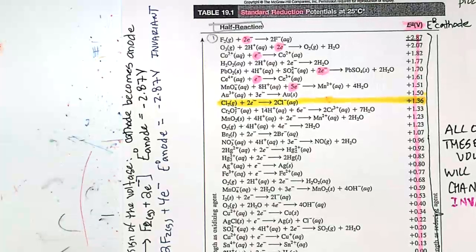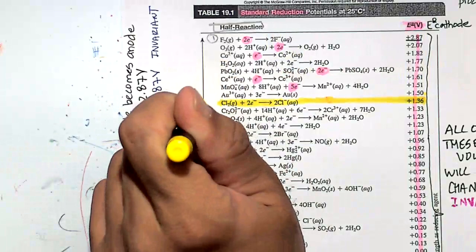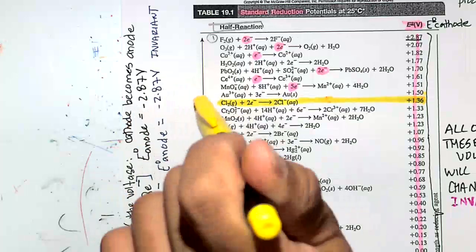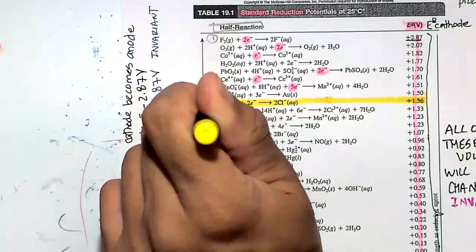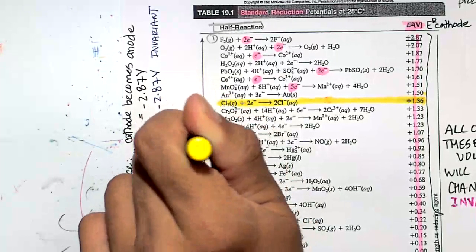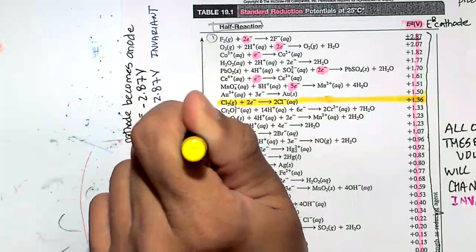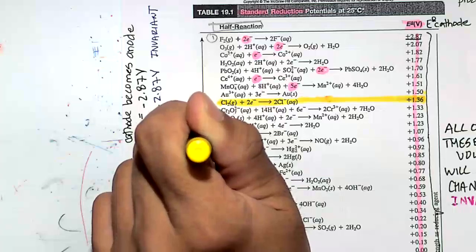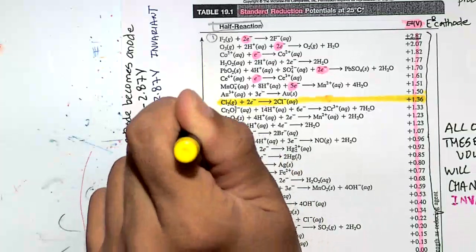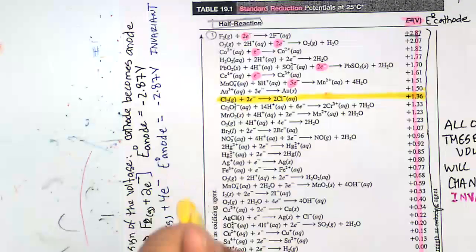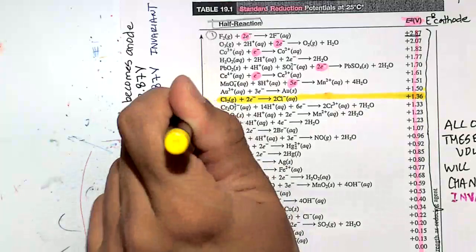So I just picked one, or I forced you to pick one. Any one you pick, the one below it can get flipped and give you a positive voltage. Pick one, any one. The one below it can get oxidized, and when I say oxidized, it can get flipped.